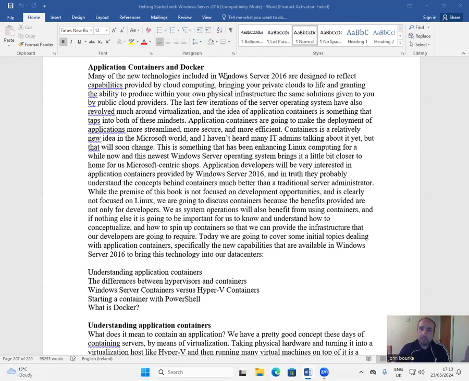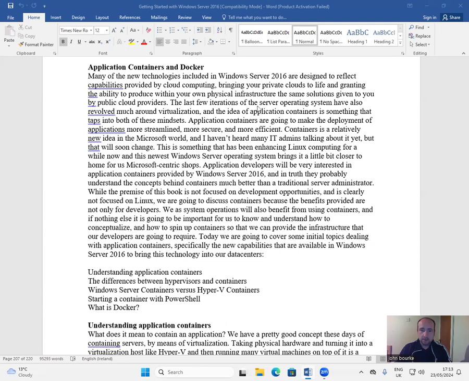Many of the new technologies included in Windows Server 2016 are designed to reflect capabilities provided by cloud computing, bringing your private clouds to life and granting the ability to produce within your own physical infrastructure the same solutions given to you by public cloud providers.